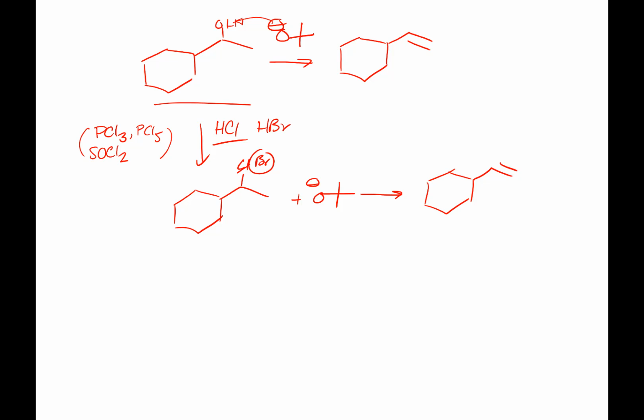But for the most part, this will work smoother than HCl or HBr. But I don't know. If I'm not concerned too much about rearrangement, I'd use HCl and HBr. If it's primary, we should probably go with that. So the idea here is, if I want to form the least substituted double bond, I got to turn the OH into a halogen. And these are the ways to do it.